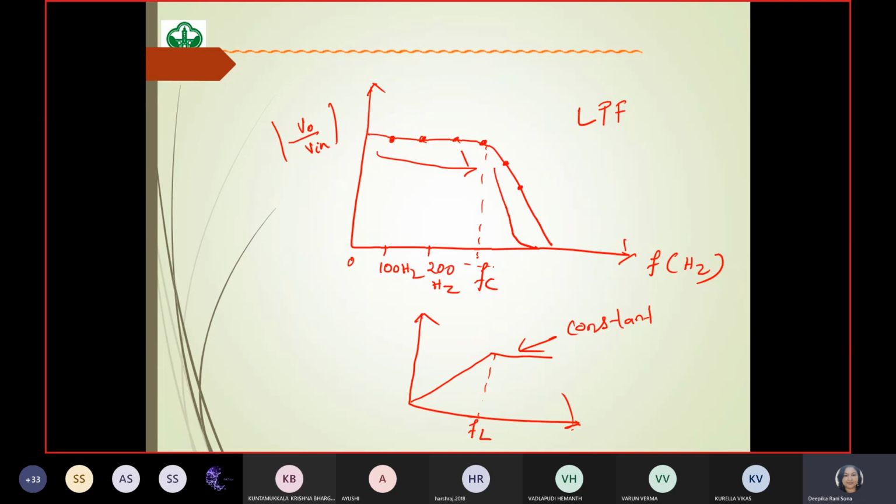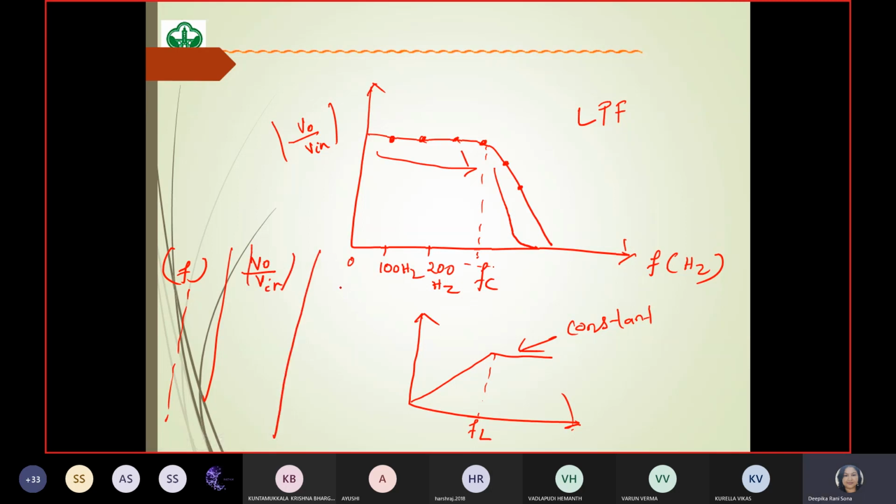After calculating the values, you have to maintain the tabulation. So what data do you have to insert in the tabulation for frequency response calculation and visualization? First, the f value, one column. Another is your V naught by V in gain magnitude value. This is one column.